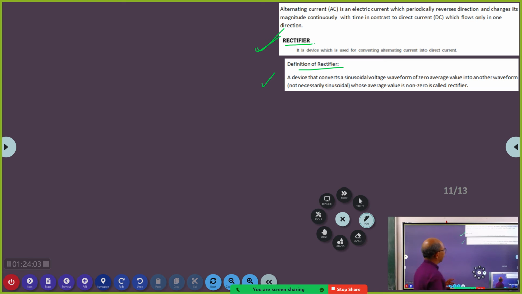Now read this definition: a device that converts a sinusoidal voltage waveform of zero average value into another waveform, not necessarily sinusoidal, whose average value is non-zero, is called a rectifier.